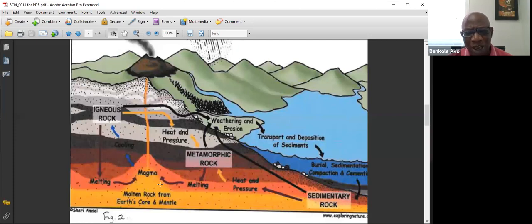Some of you are wearing some right now. Gold, silver, copper, iron, manganese, aluminum, tin, nickel are examples of metallic and semi-metallic minerals.